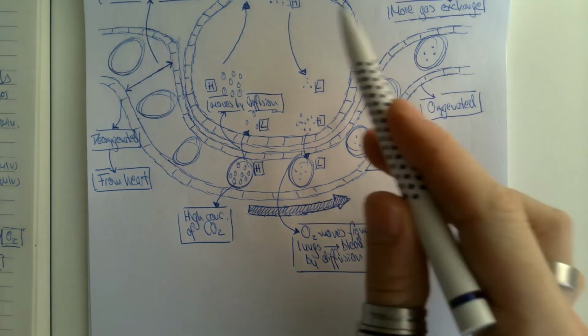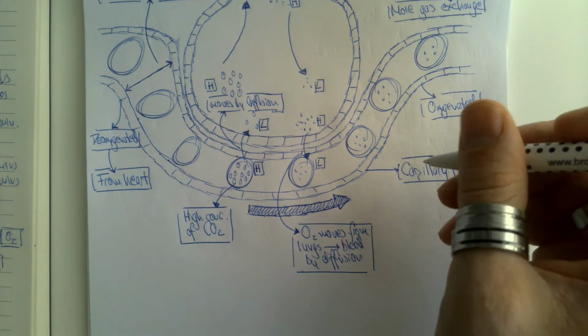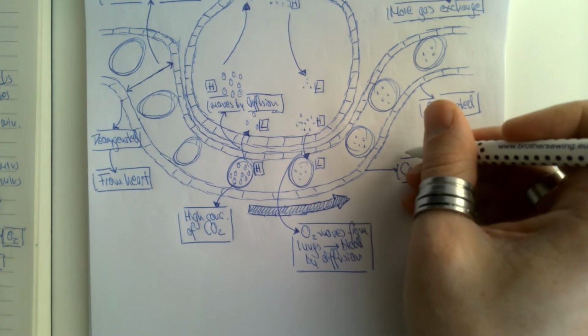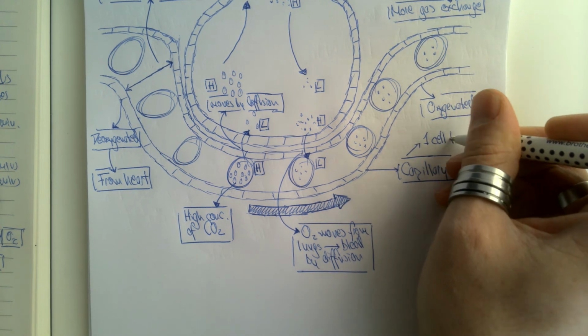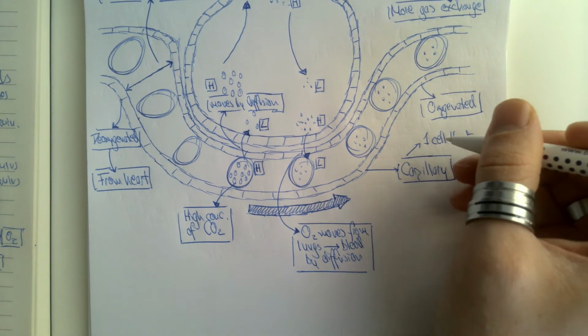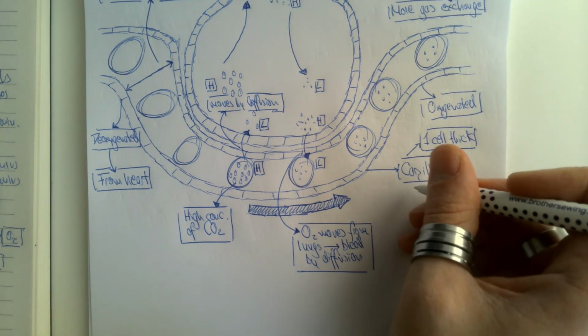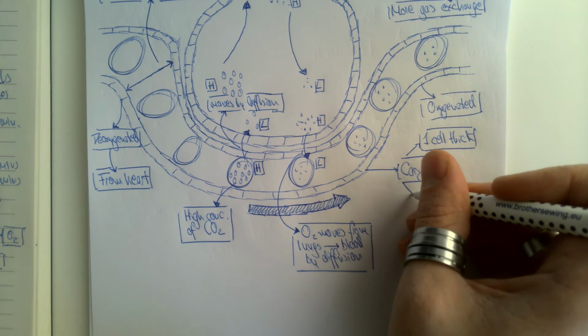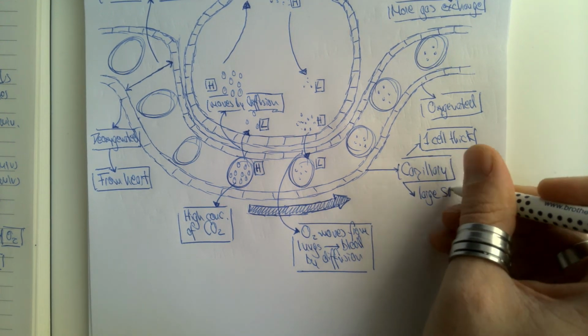Now, because you've got lots of capillaries surrounding all of the alveoli, and as we said, capillaries themselves are one cell wide, they're also one cell thick. And as we said, because there are lots of them surrounding the alveoli, they also have a large surface area.